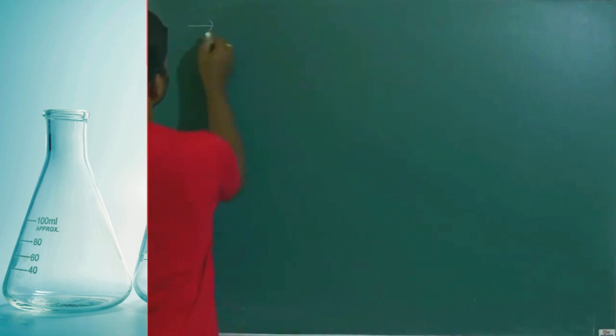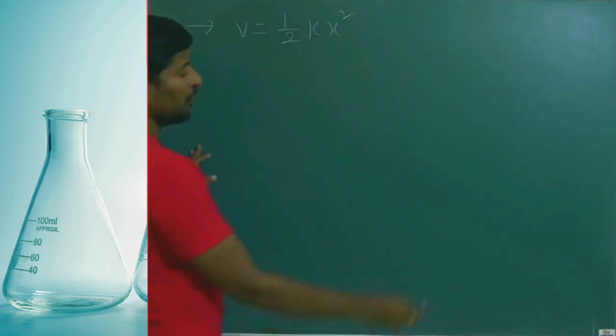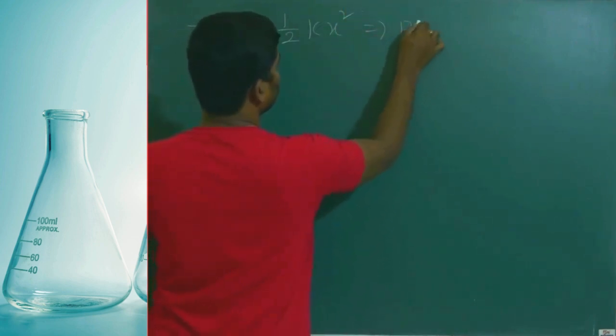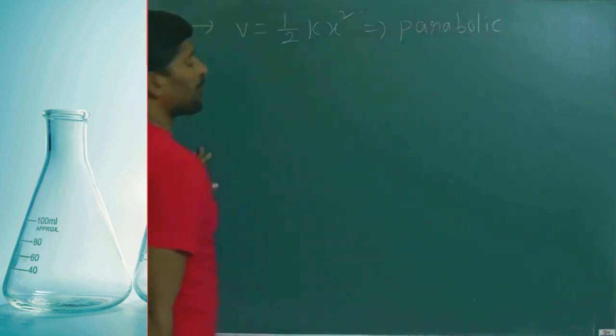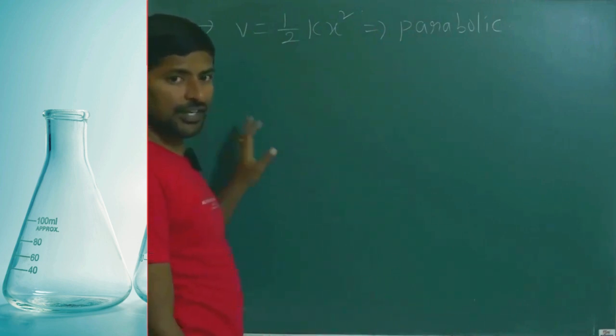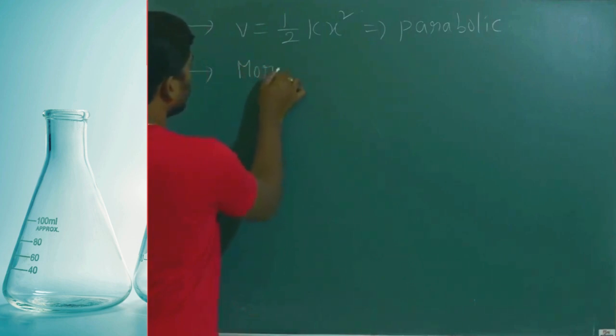By taking simple harmonic motion, the expression for potential energy we discussed was 1 by 2 kx square, which gives a parabolic type of graph. By taking into consideration anharmonic motion, Morse proposed an empirical equation for potential energy.